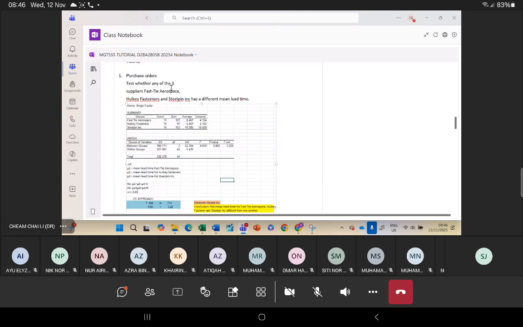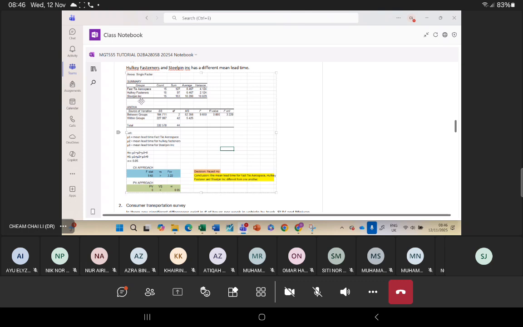Okay, test whether any of the three suppliers have a different mean lead time. You have these three suppliers and their respective mean lead times. This is how you write your hypothesis.